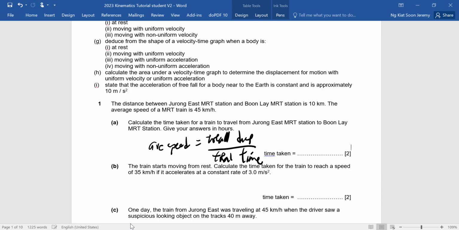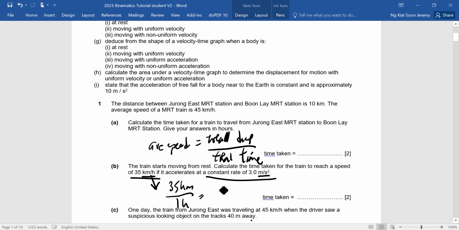As the train moves from rest, what is the time taken for the train to reach this speed, if the acceleration is a constant rate of 3 meters per second squared? The first problem you encounter is that these two units are not able to multiply with each other. So I need to convert either kilometers per hour to meters per second or vice versa. I will always choose to go for SI units, so I will convert this to meters per second. 35 kilometers per hour can be written as 35 kilometers divided by 1 hour.